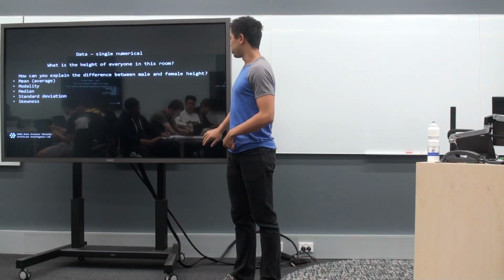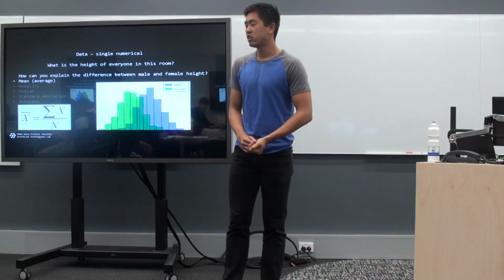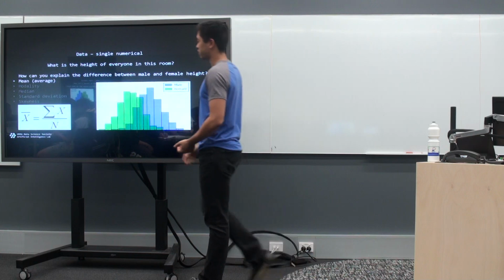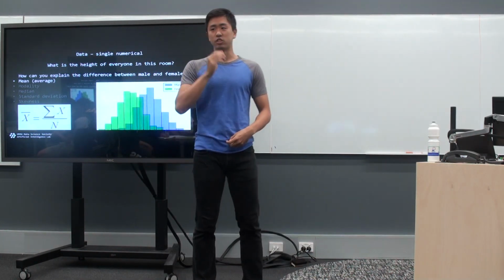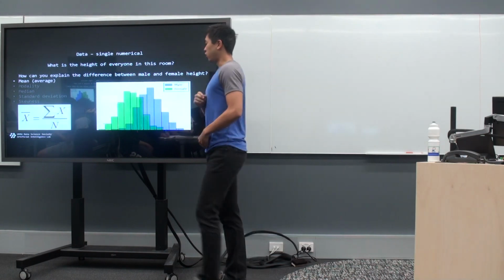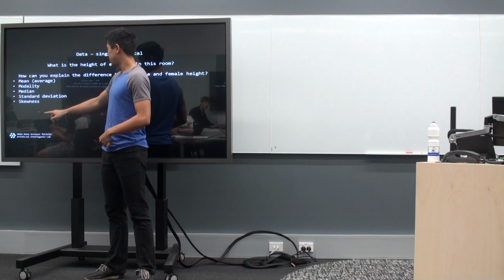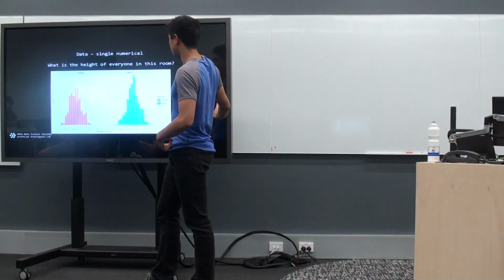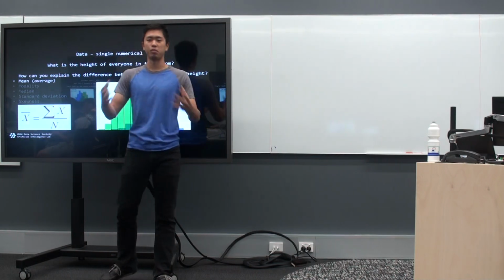So the first one you should probably be familiar with is the mean, also known as the average. To calculate it, you just sum everything up and divide by the number of observations. When you see a bar across something, that normally means it's the sample mean.